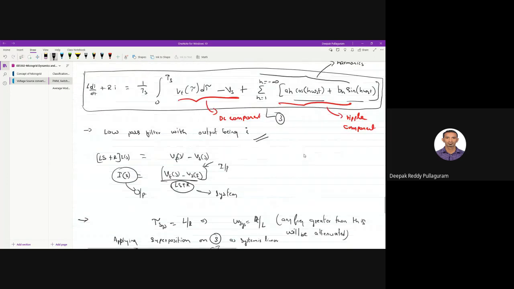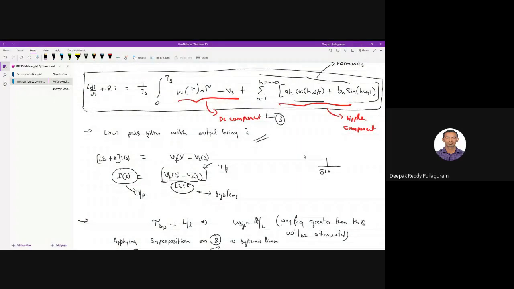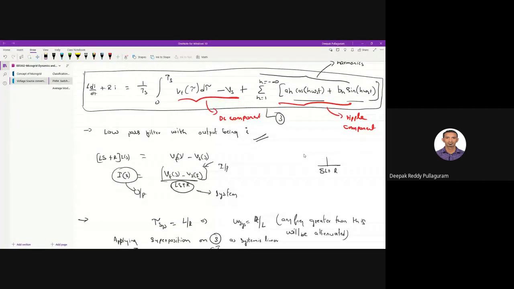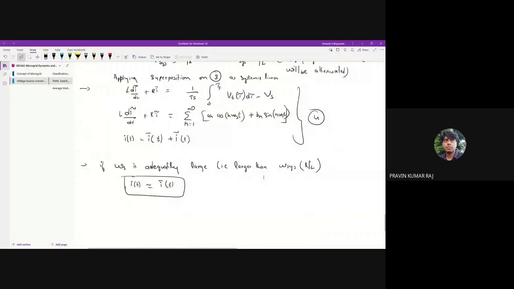From the transfer function you can directly write it. If I have the transfer function 1 over sL plus R, you can write it. This is the transfer function. But what is this omega? R by L, isn't it?